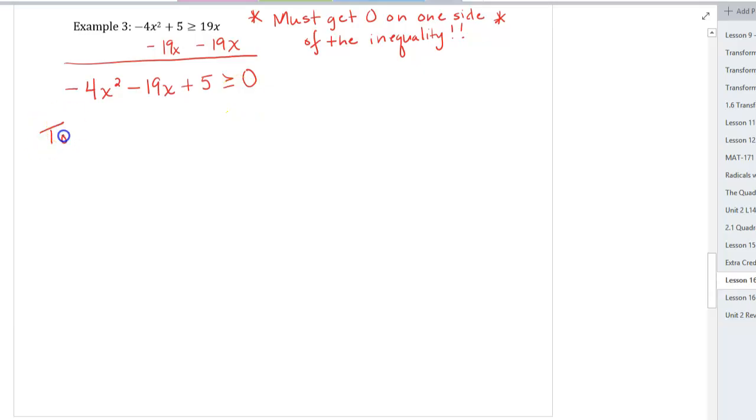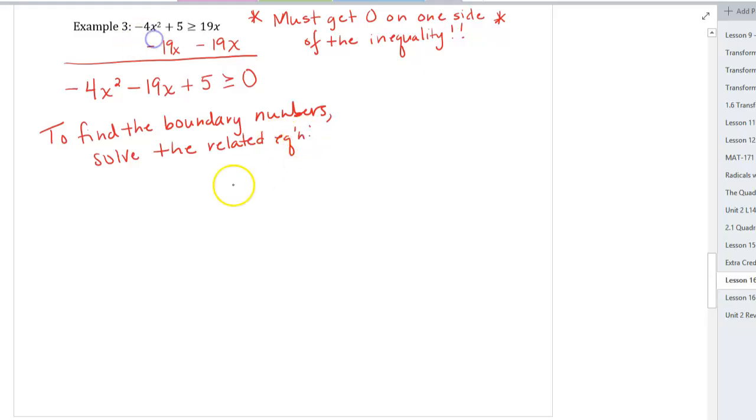So to find the boundary numbers, what I want to do is solve the related equation. And by that I mean just take this and change that inequality sign to an equals.